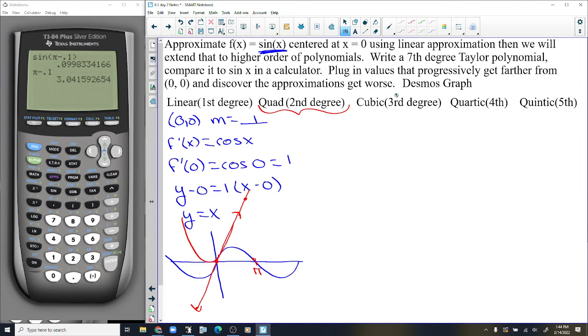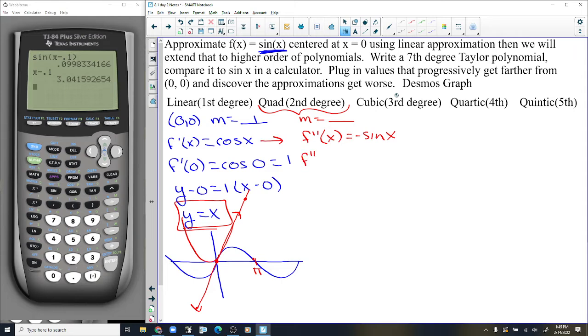I need a function where I plug in 0, 0. The first derivative is 1. And let's see what the second derivative should be. All right, so here's the second derivative: negative sine of x.